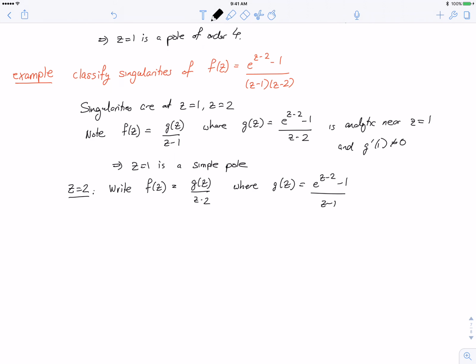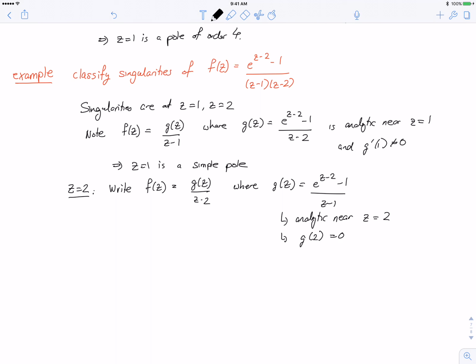right? But now, although this is analytic near z equals 2, although that's true, note that g of 2 is equal to 0. And that's the problem. If I sub in 2 on the numerator, I get e to the power of 0, which is 1, and 1 minus 1 is 0.